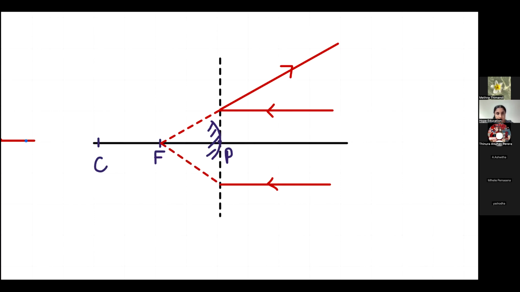Okay. If it was a concave mirror, let me draw a small sketch on the side.